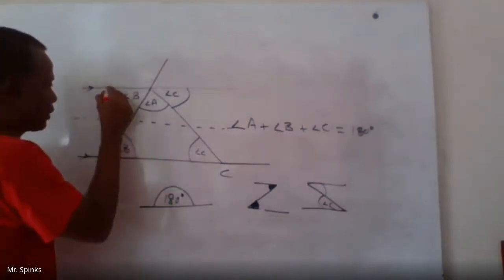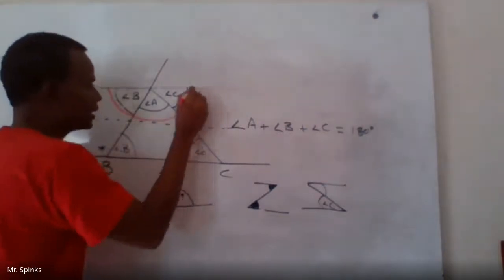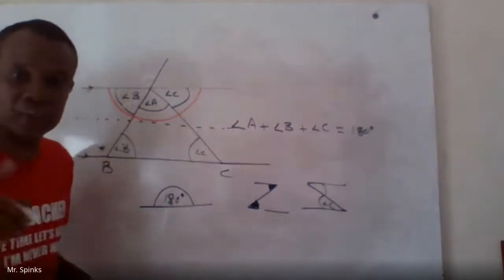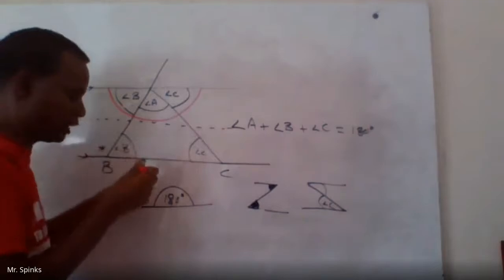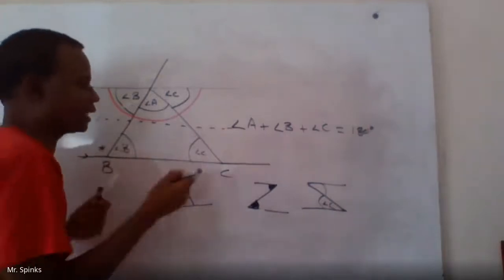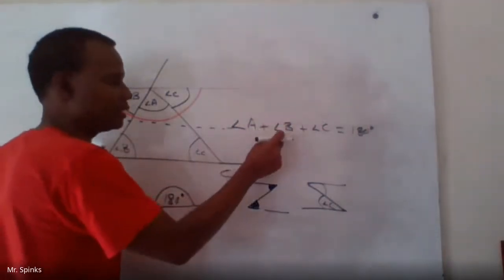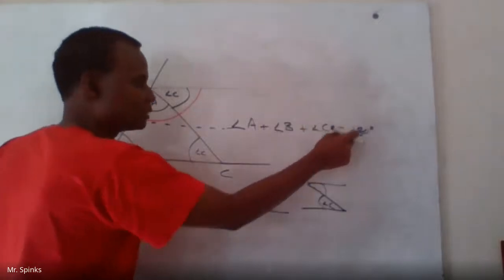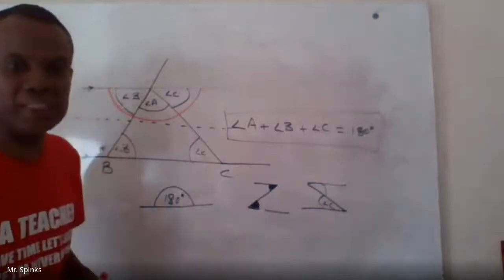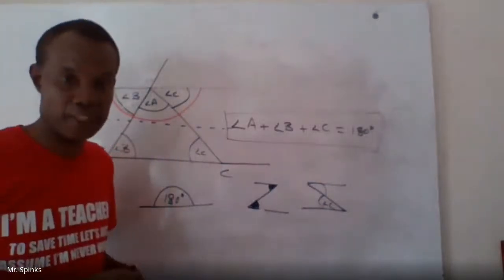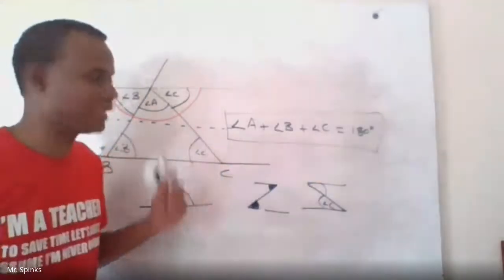If you check going from here straight to here, that must be equal to what? 180 degrees, because these three form a straight angle. So therefore, we can write now that angle A plus angle B plus angle C must be equal to 180 degrees. So that will help you to understand why that is 180.